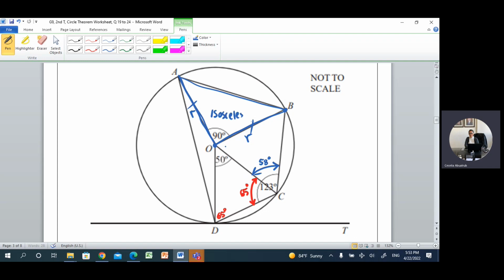And accordingly, if this angle is 90, so what you're going to say is 180 minus 90, the answer is 90, and then 90 divided by 2. So this angle here is 45 degrees, and this angle here is also 45 degrees.